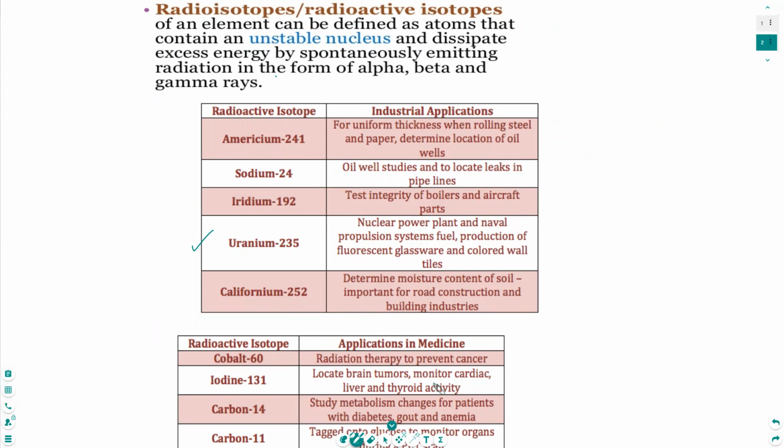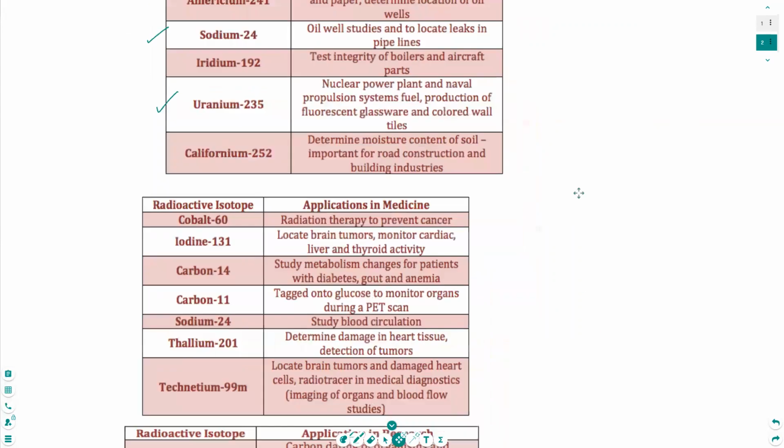So it's used to make nuclear energy. It's also used in nuclear weapons, right? So this is mostly an industrial application. We also have sodium-24 that can be used to locate leaks in pipelines in the oil fields. All right, so definitely we can use radioisotopes for industrial applications.